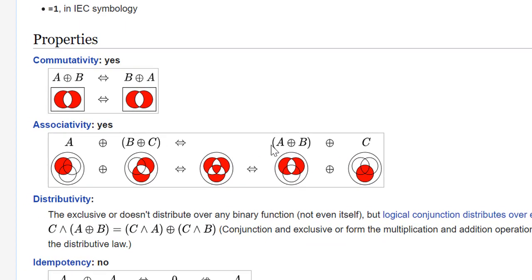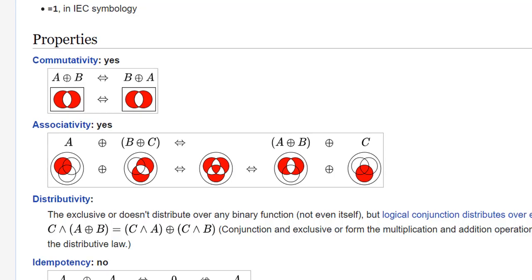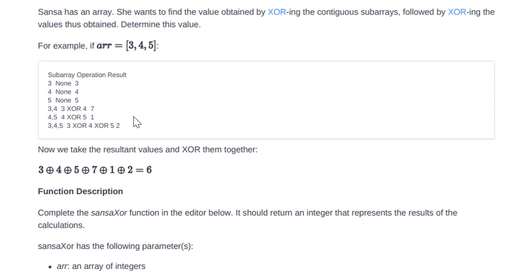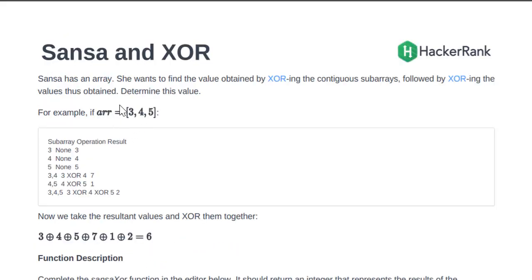Okay, that's good that we can get rid of the parentheses because if we want to calculate the value of the answer for this array, we can actually just imagine how the operation will look like and then apply XOR, but we don't have to care about the parentheses.